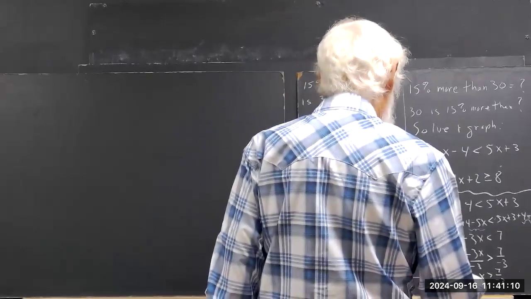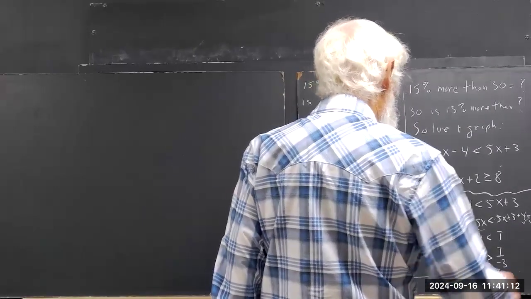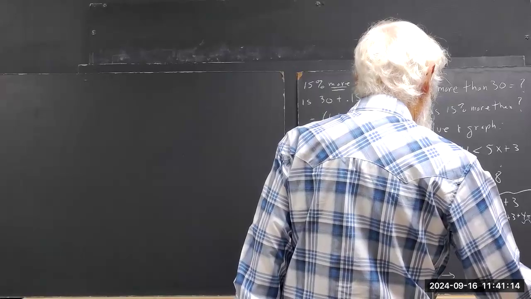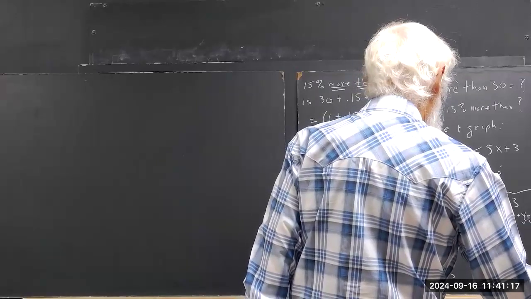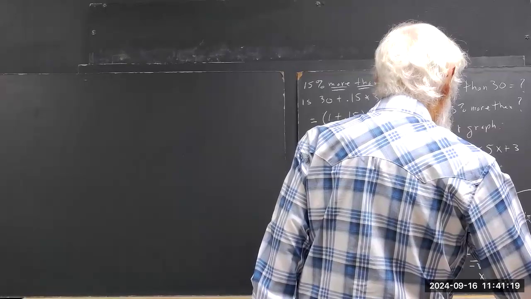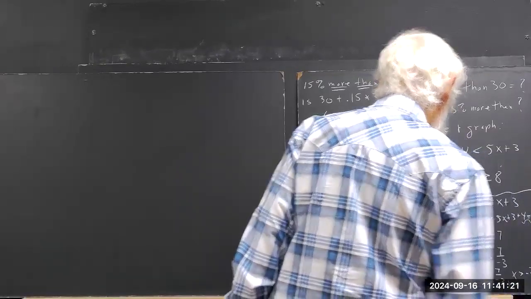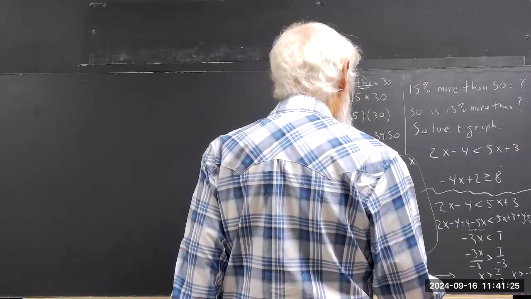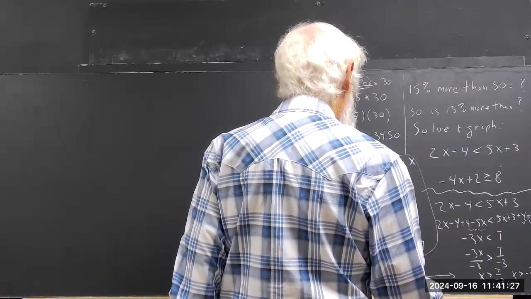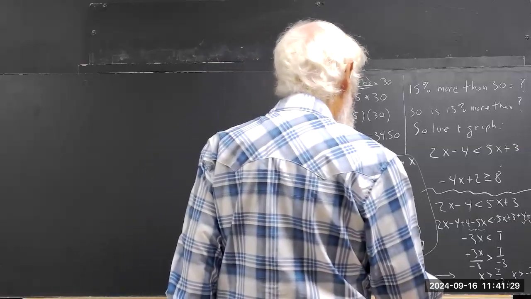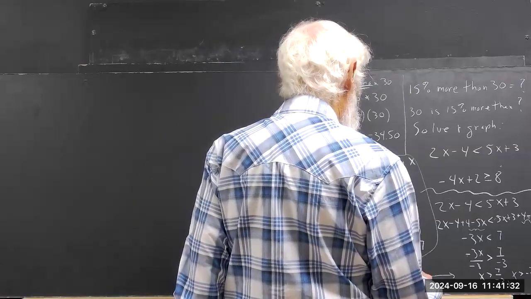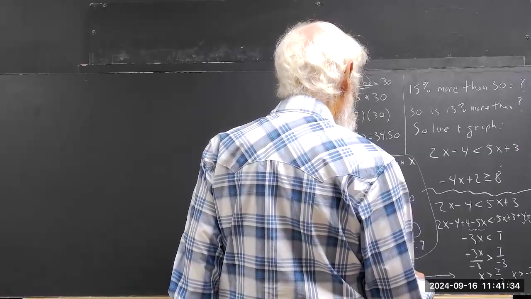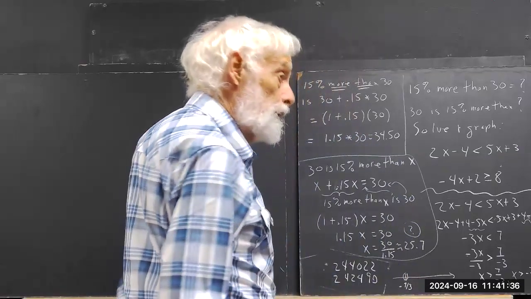Well, we underline down here, and you put -7/3 here. We don't include the -7/3. We use an open dot.